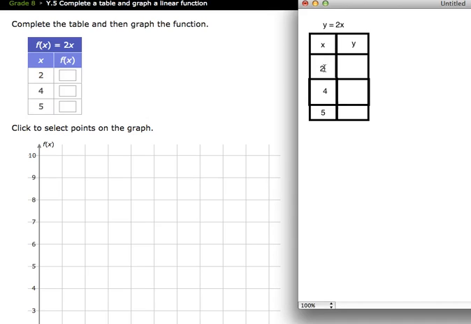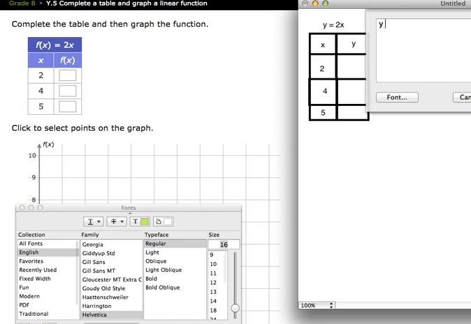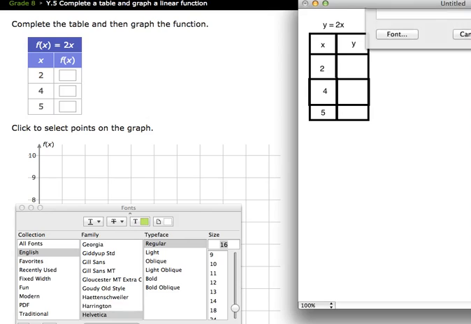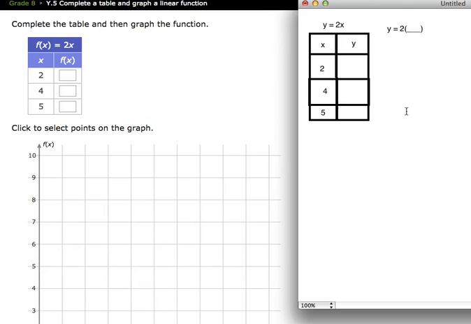So here, if I know I'm saying x is 2, let me say y equals 2 times x, where x is 2. So y equals 2 times 2, right? So it's like I'm saying to myself, y equals 2 times whatever the x is. If x is 2, then in my head I say, let me put the 2 in that spot.